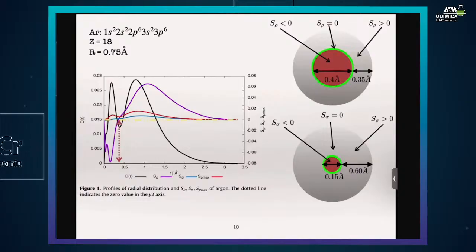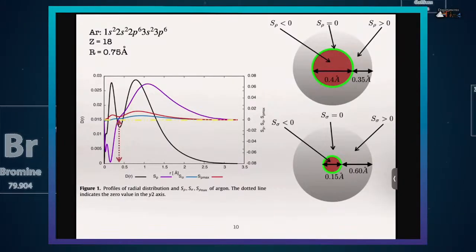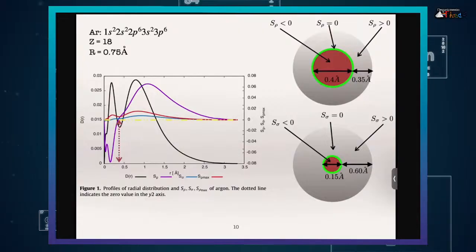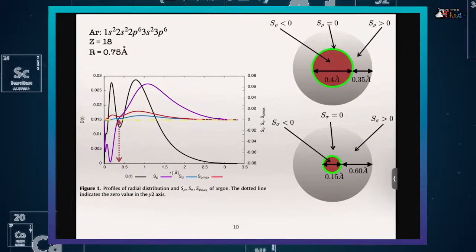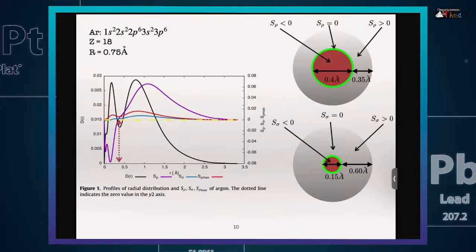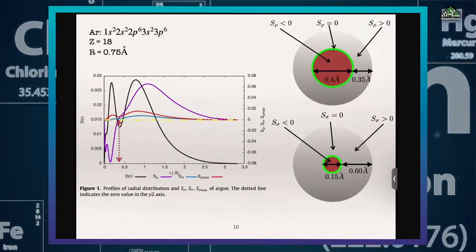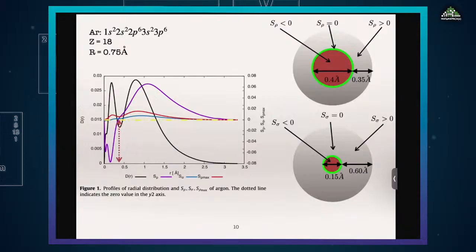In this case, I show you the radial distribution profile of the electron density of argon. We observe that for the Shannon entropy defined in terms of the electron density, there is a zone in which the values are negative.